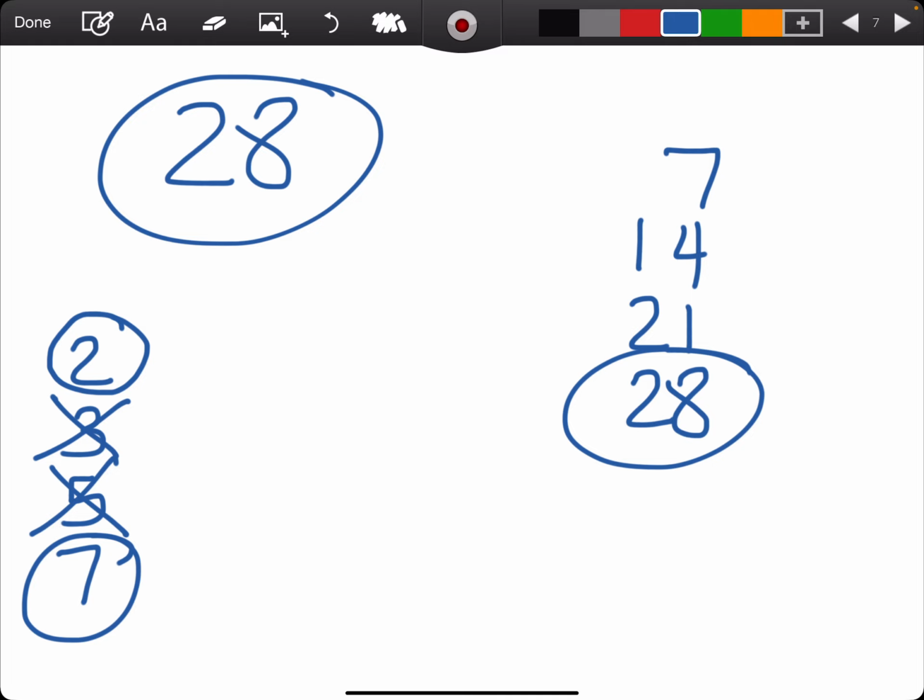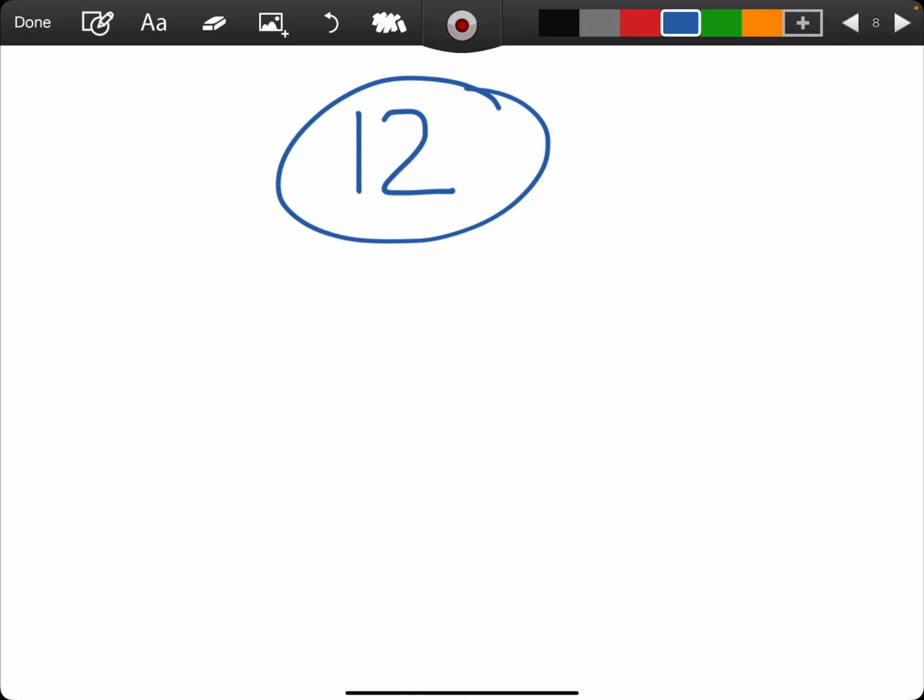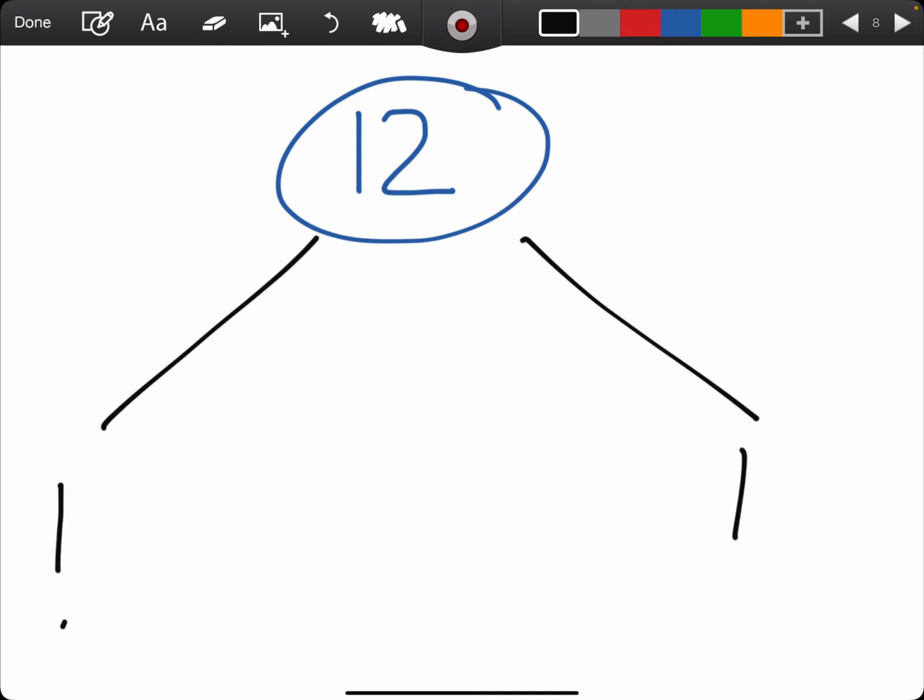Okay? And then don't forget what a factor is. So if you get factors of a number and the number is 12 and you need to list the factors, they are the numbers that you multiply together to get that number. So I'd start with my automatics, 1 and 12, because 1 times 12 is 12. So those are my first 2 factors.